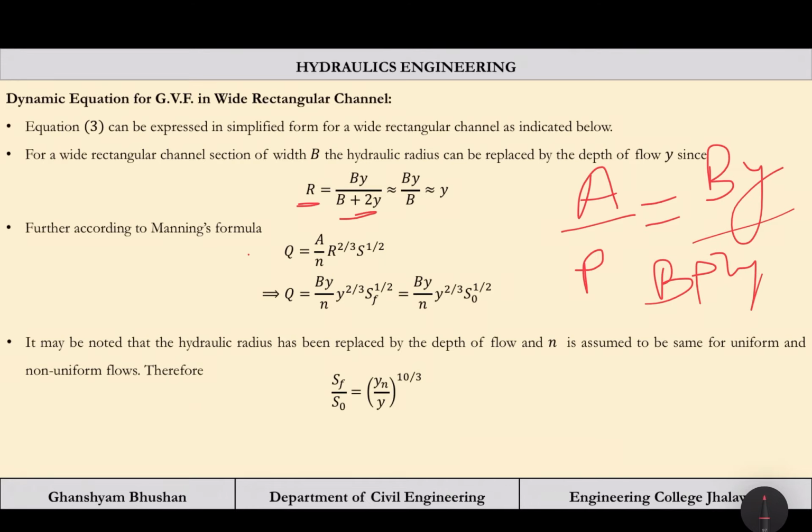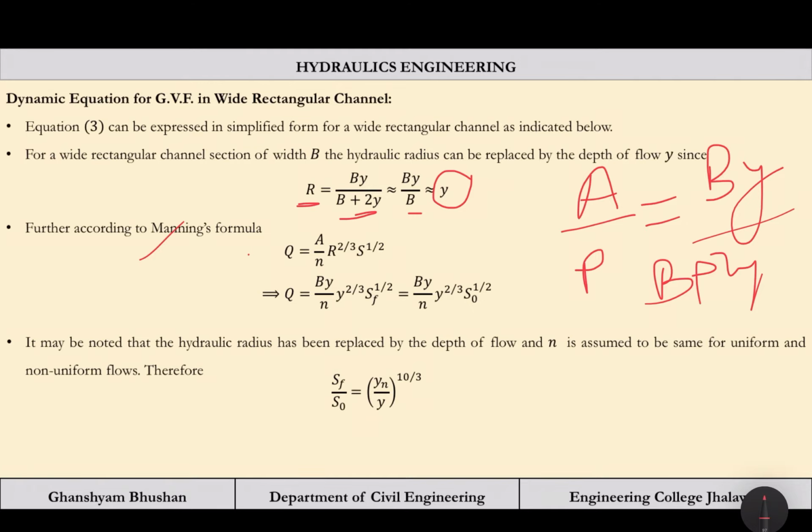You can see here, we can neglect y with respect to b, only in addition. That is, the term of y can be neglected. If we are adding or subtracting a term of y from b, it is not going to affect our result in a significant manner. So b plus 2y can be written as b, or simply R can be written as y.